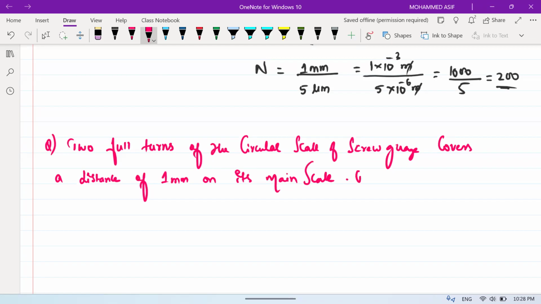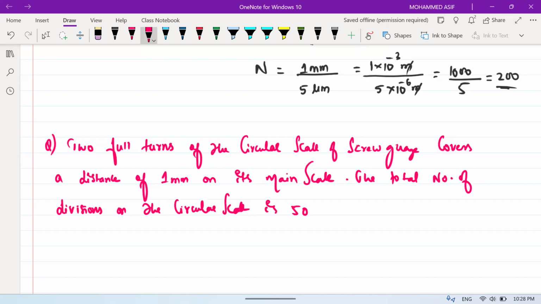Okay. The total number of divisions on the circular scale is 50. Okay.